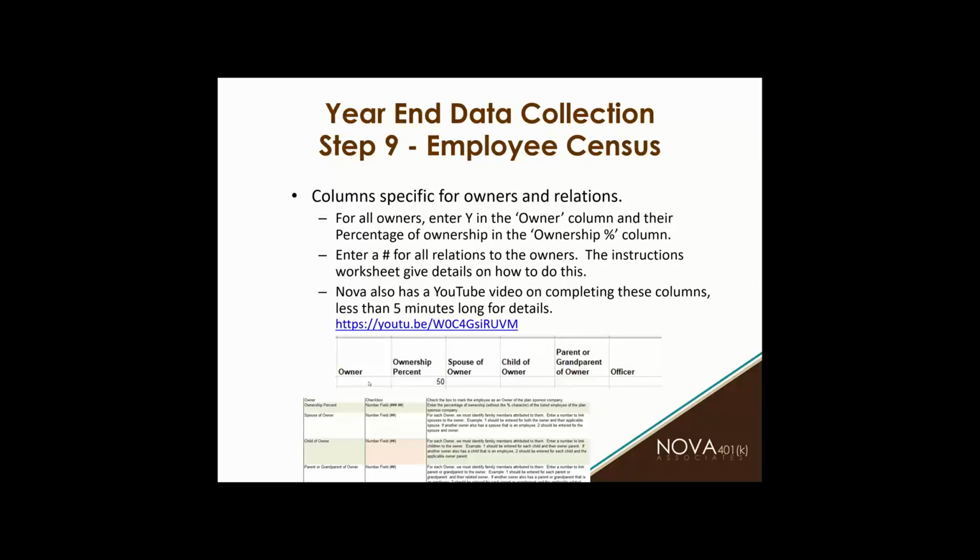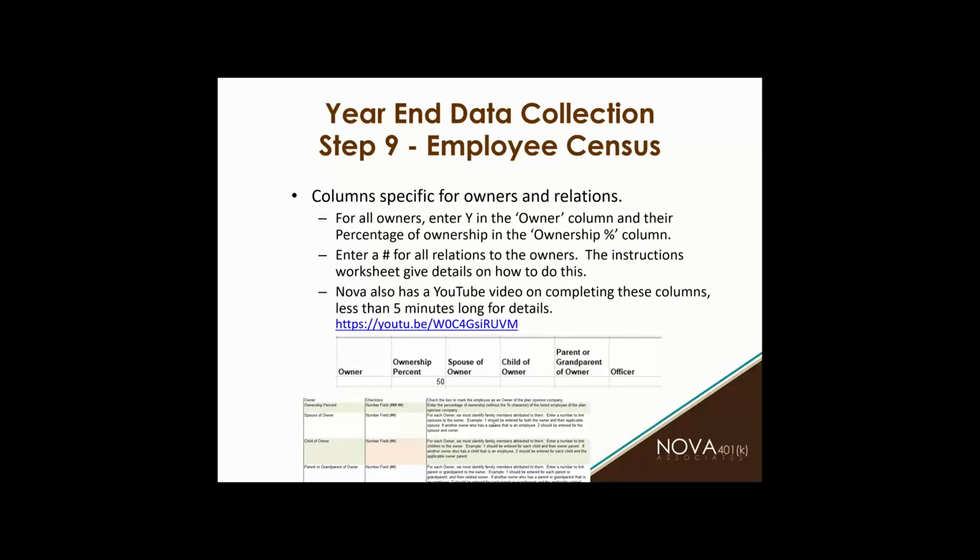So new to the census template this year is ownership and relationship. So we asked for this earlier in the earlier steps, but we're also asking for it on the census file to help. And there is a 5-minute long detailed explanation of how to fill out these columns on the census file, okay?